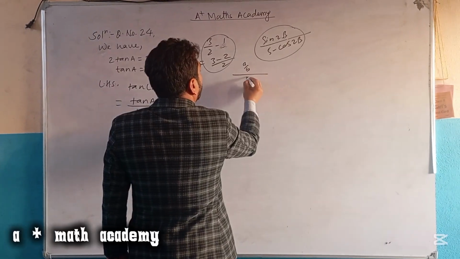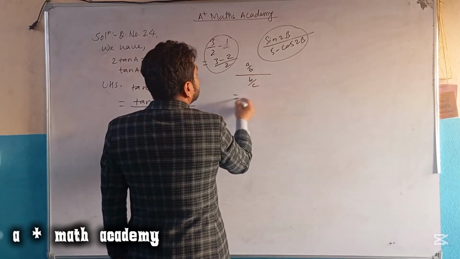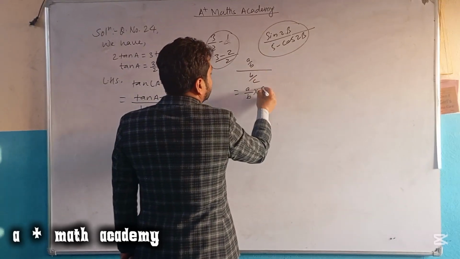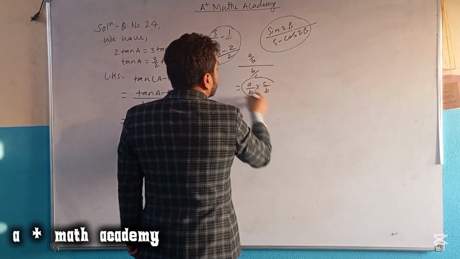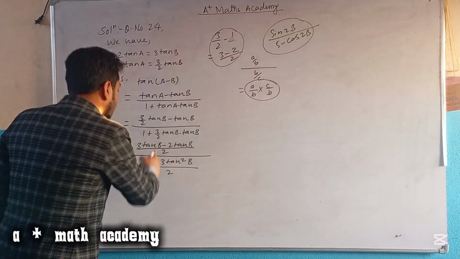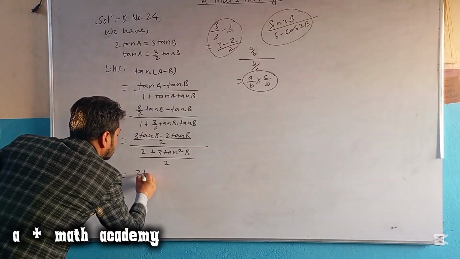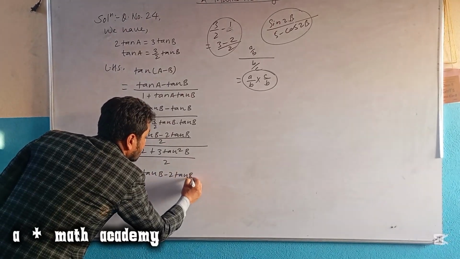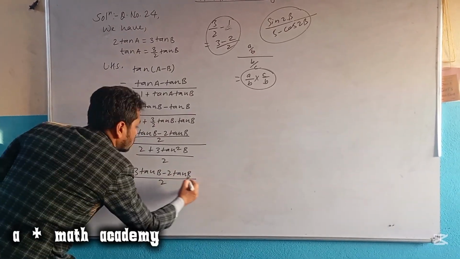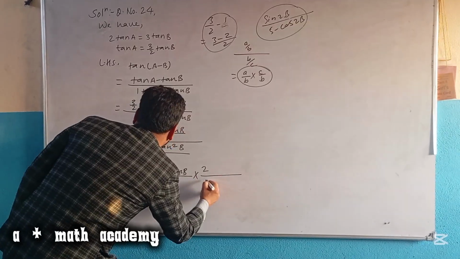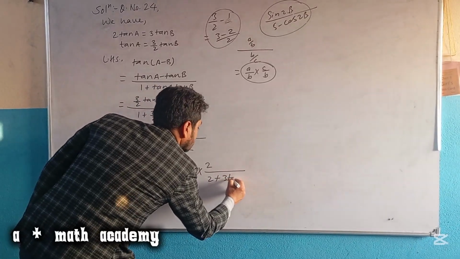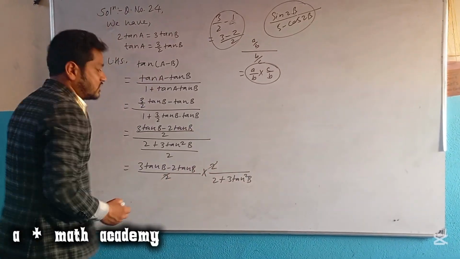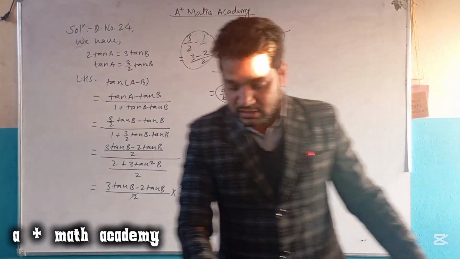A by B whole upon B by C. In this case, the numerator into the denominator, we have to write in the reciprocal form. So 3 tan B minus 2 tan B upon 2 into 2 upon 2 plus 3 tan square B. Now there is 2 in numerator and denominator, so we can cancel it.